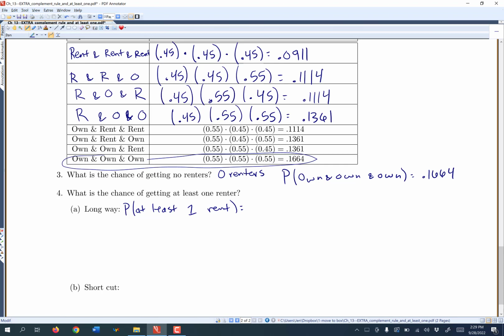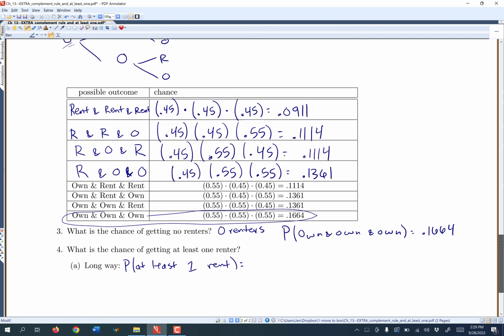And you'd have to go through and find all of the outcomes that are at least 1. So all of the outcomes that are at least 1 would be basically these top 7. So I need to take these top 7 and add them all up.